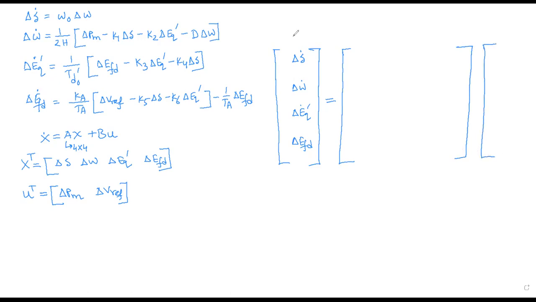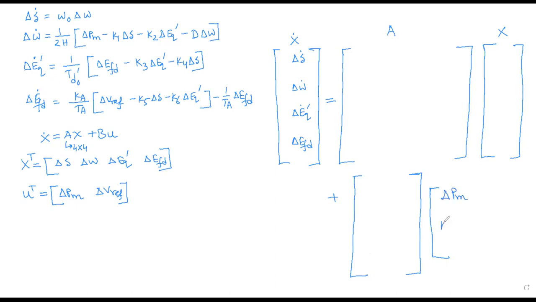So this is x dot equals Ax, so this should be x plus Bu. There are two of u, so that is del PM and del VREF. Let's list them: del delta, del omega, del EQ prime, and del EFD.